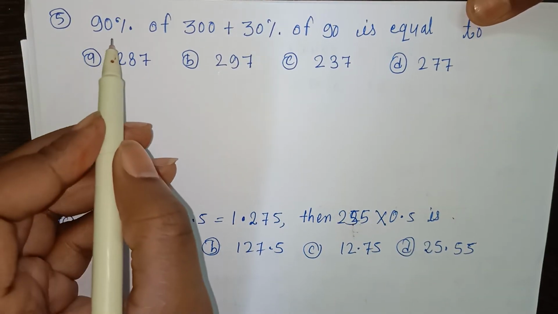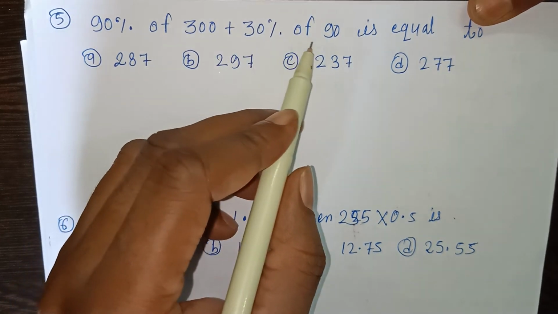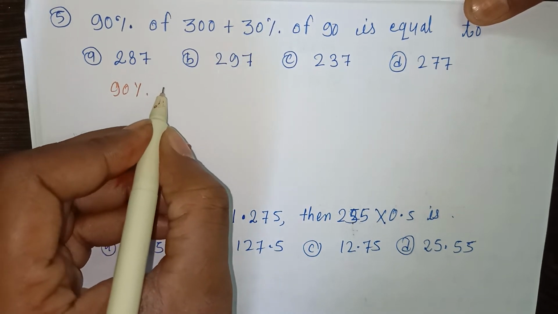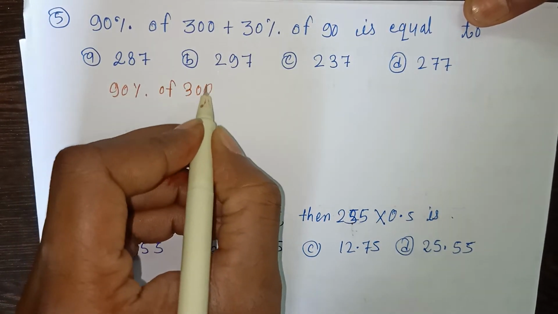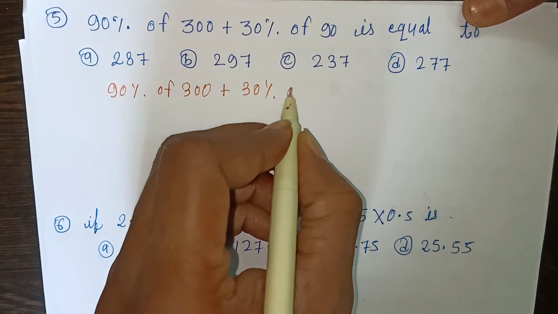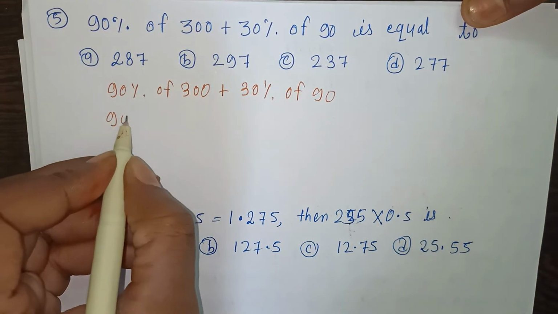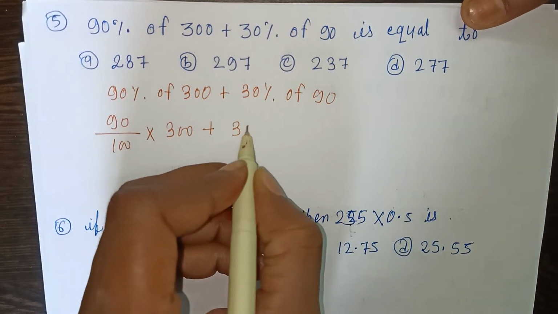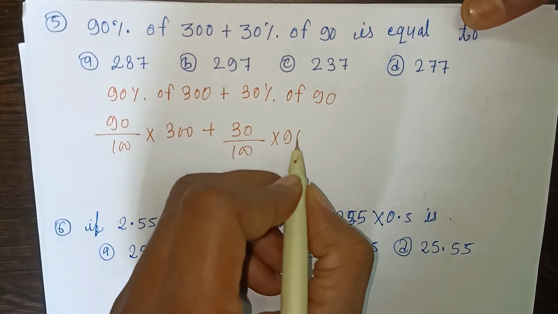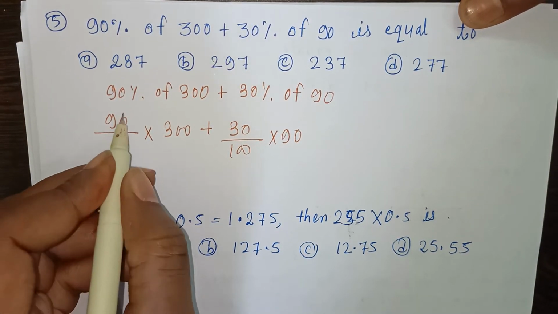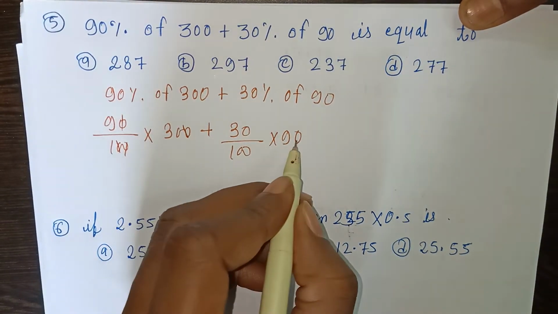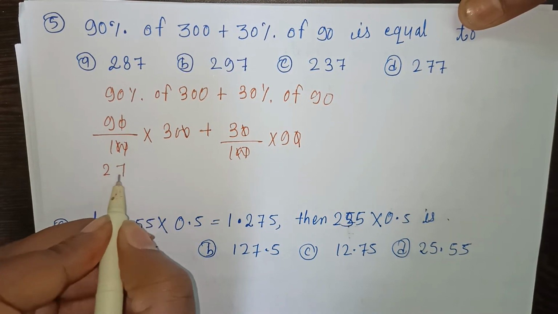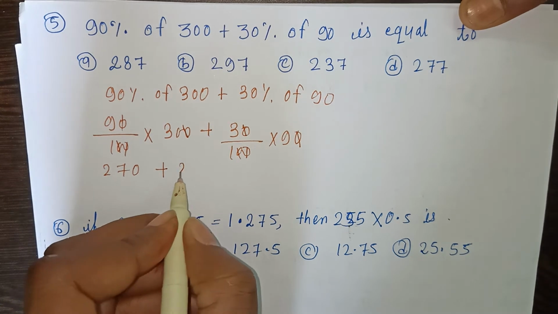Now question number 5, 90% of 300 plus 30% of 90 is equal to. Then 90% of 300 is 90 upon 100 into 300, the zeros cancel, and we get 270. And 30% of 90 is 27.